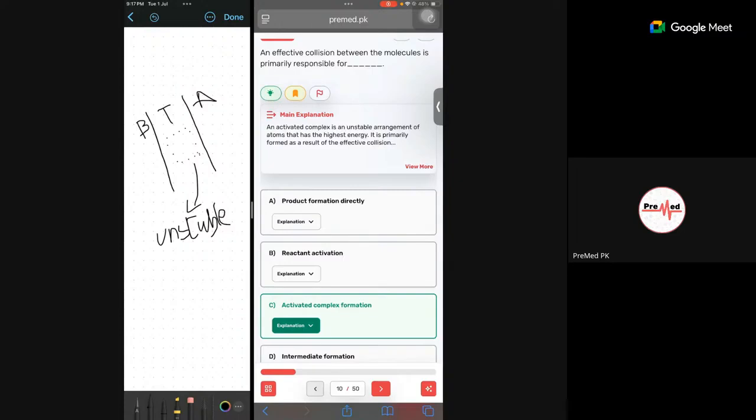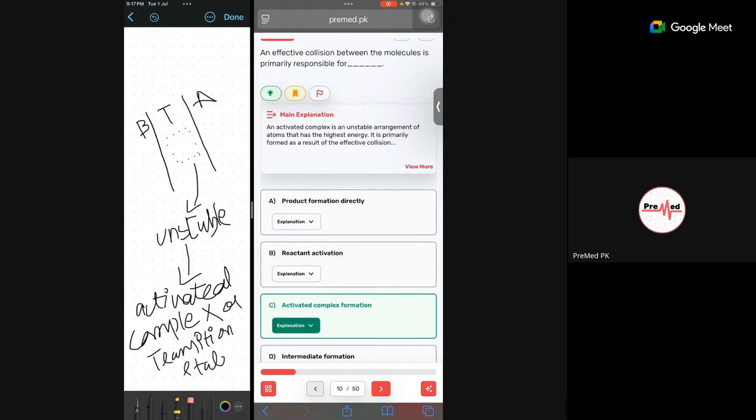That unstable structure is known as the activated complex or transition state.